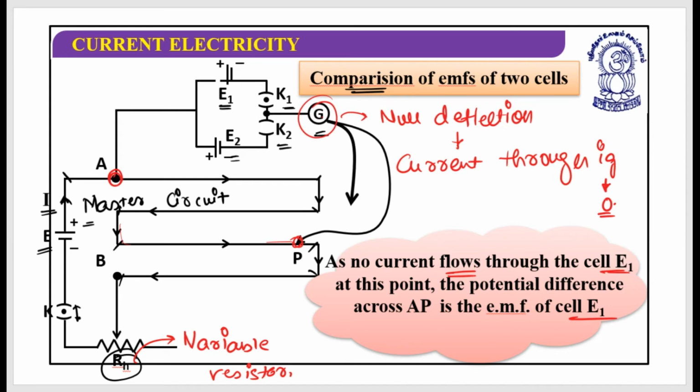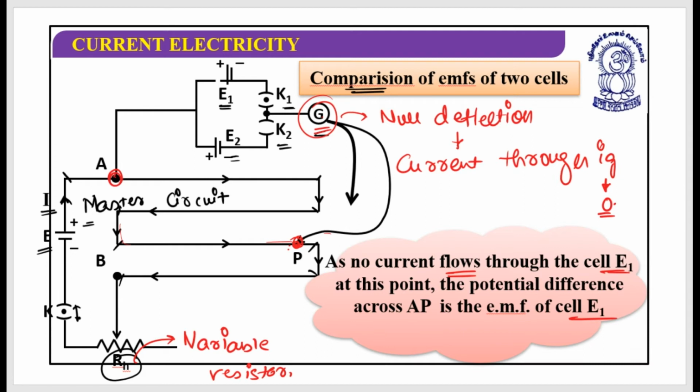Yes, we know from the concept of Wheatstone bridge that when current is not flowing through the circuit, they are equipotential points. If you have connected your jockey at point P, then A to P is the length where no current is flowing, and my galvanometer shows a null deflection.